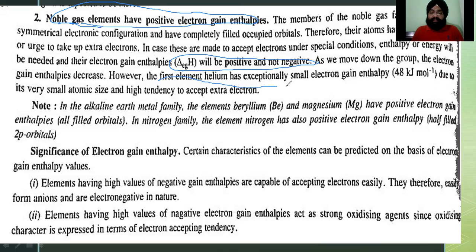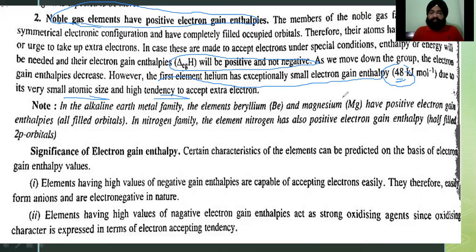Helium has an exceptionally small electron gain enthalpy, that is 48 kilojoule, and it is due to its small size. So it has a very small positive value among all the noble gases. We have to give less energy in that case, but still it is positive.